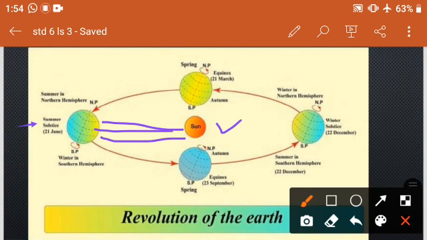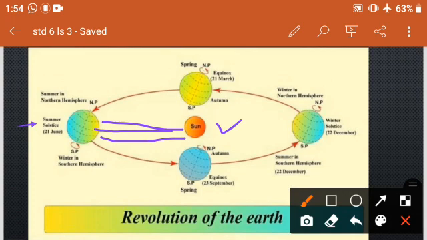So, we see that as this North Pole is inclined, a major portion is getting heat from the sun, while in the South Pole we see that it is still cold. So, on 21st June, the longest day and the shortest night is observed.